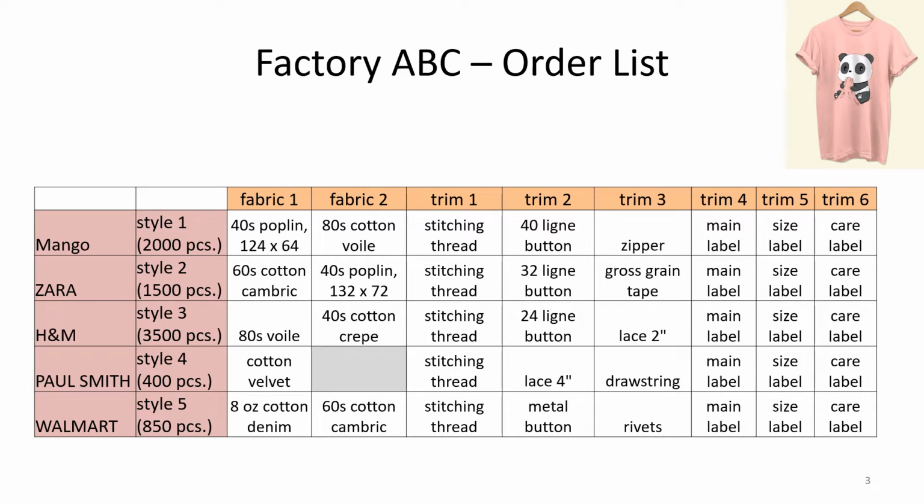As trims, it has lace of 4 inches, and it has a drawstring, maybe at the waist, and then the main label, size label, and care label. So this is what the order list looks like. We have the buyer's name, then the style number and the quantity, and then of course the fabric and the accessories required to produce that particular order.